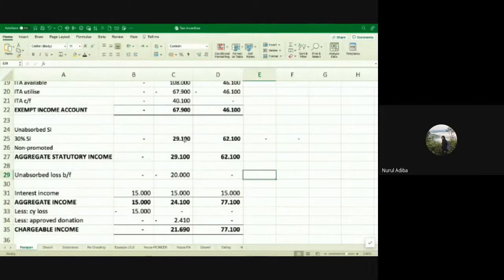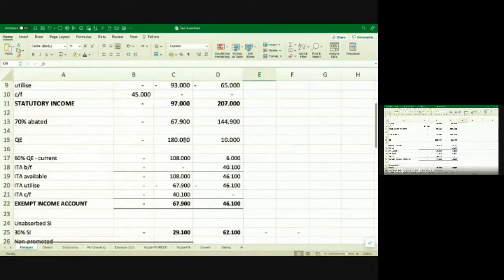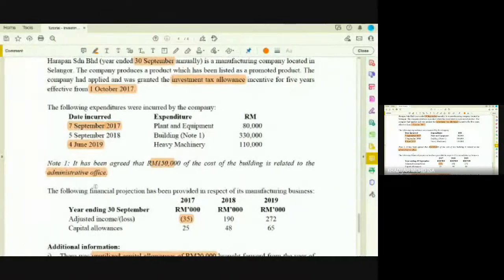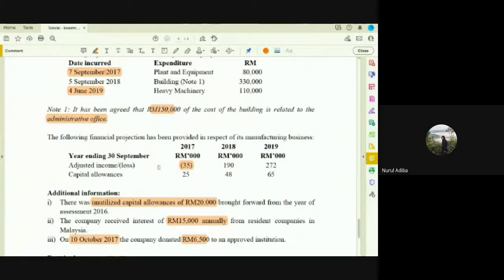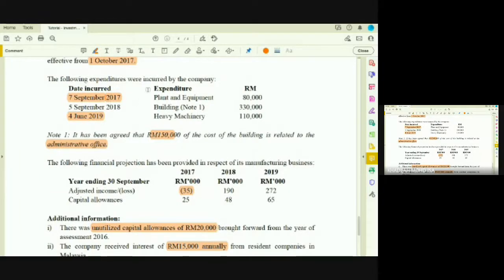Just now how do you calculate the CA? The CA, current CA. CA is given. Nampak? Ni lah CA given. Oh, yang tu. So you get the plant, equipment, building, heavy machinery, do we need to do it one by one? No, you don't. Because this one is for qualifying expenditure for the purpose of ITA, how much to claim.